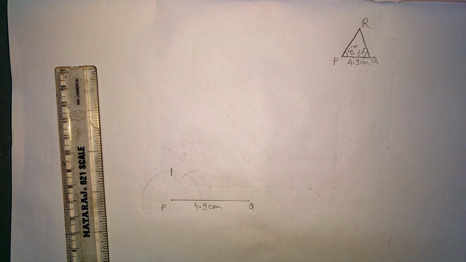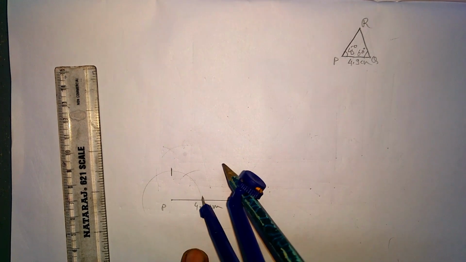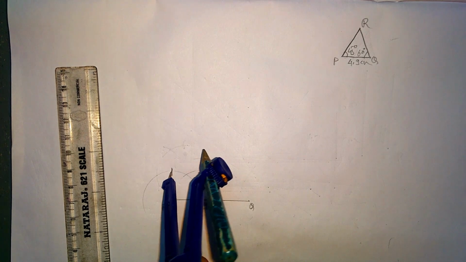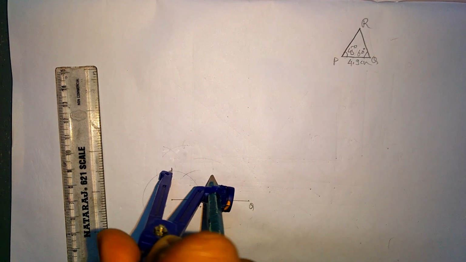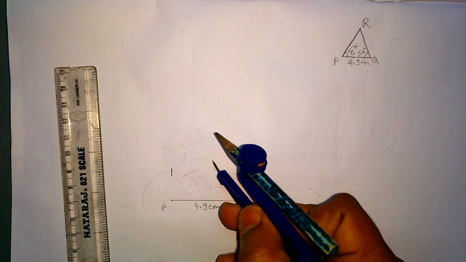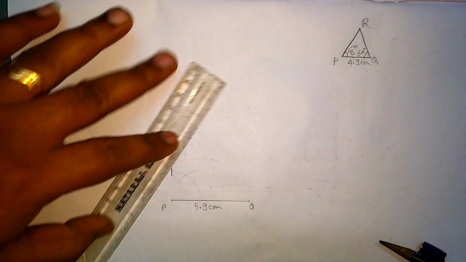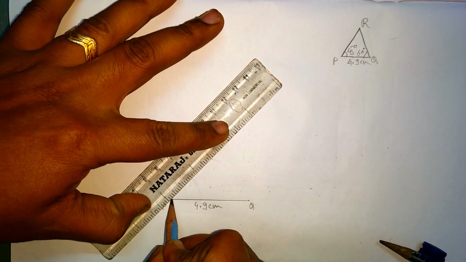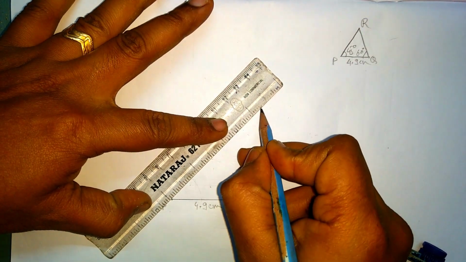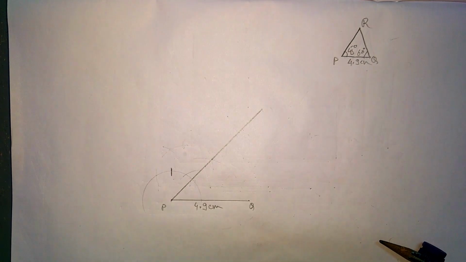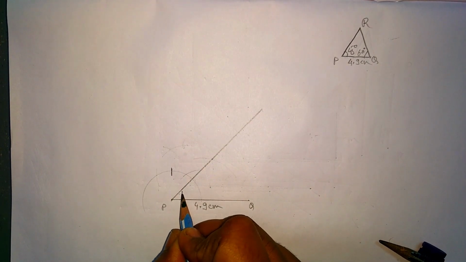Now if we bisect 0 and 90 degree, we will get 45 degree. Join these 2 points. This is 45-degree angle.